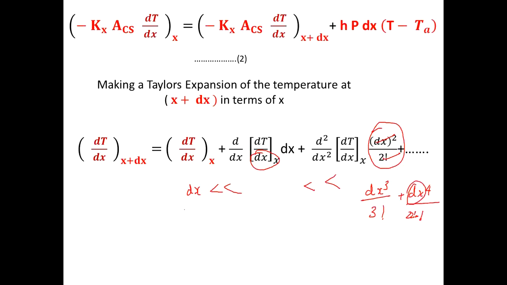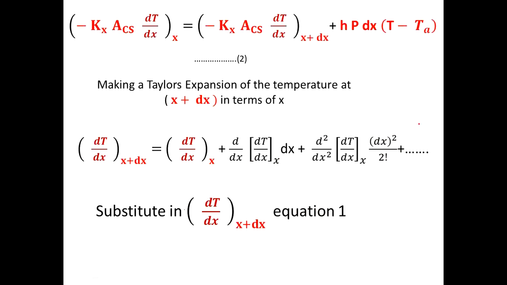Already I told you that the dx value is very small, and 4 factorial means 4 into 3 into 2 into 1. Therefore the denominator value increases and the term is very small. That's why we can neglect the higher order terms.